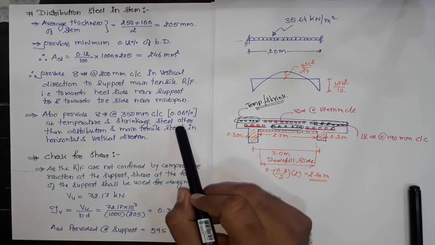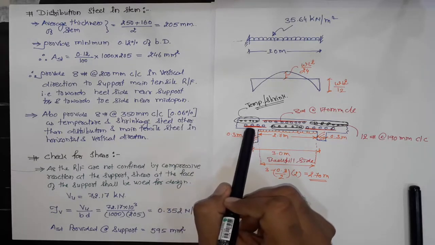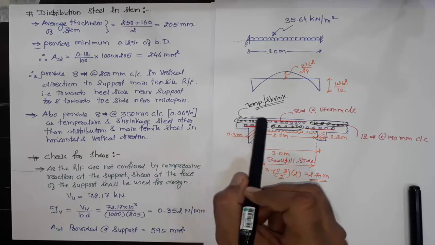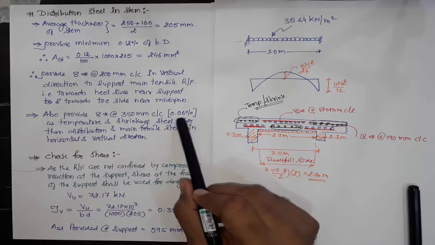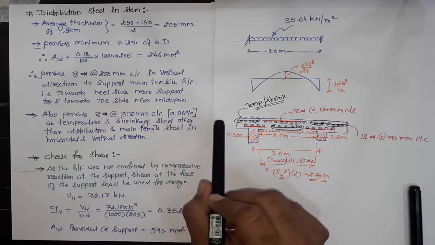Here we are supposed to provide 0.06% of gross cross-sectional area as temperature or shrinkage reinforcement. This reinforcement is to be provided in the vertical and horizontal direction, 0.06% vertical and 0.06% horizontal.